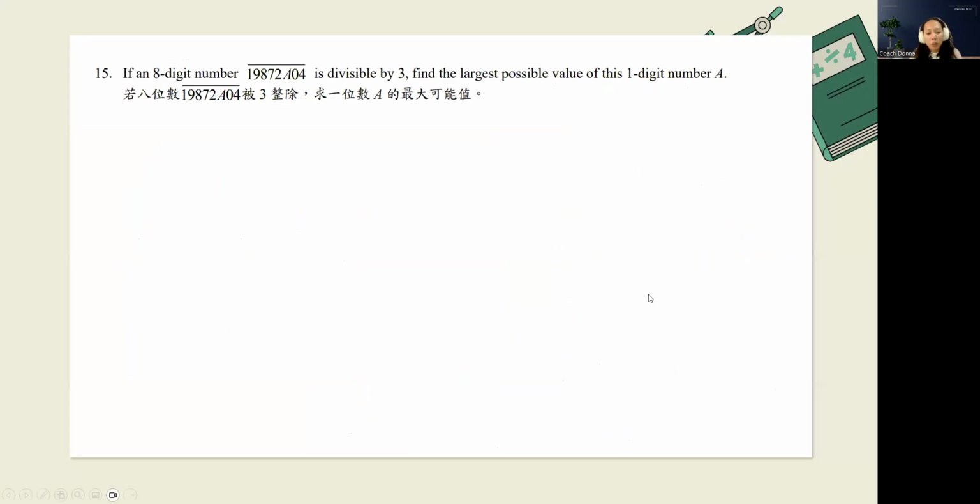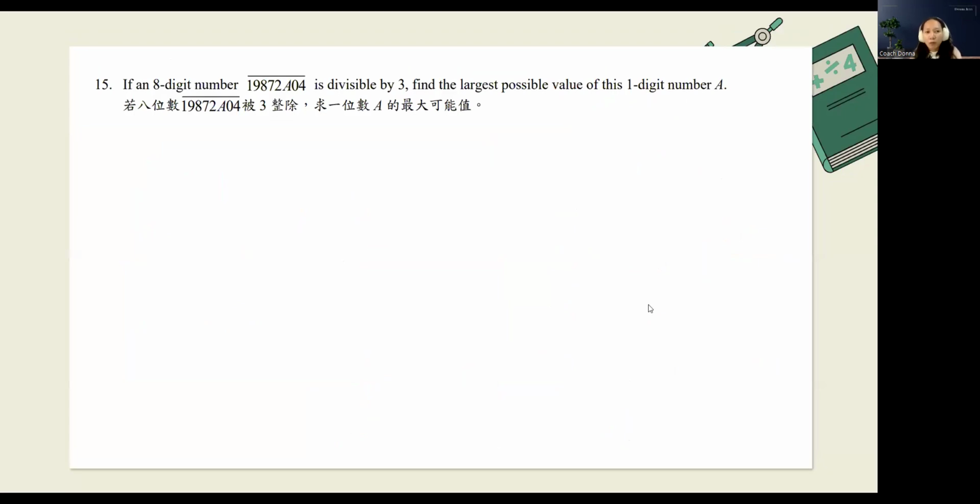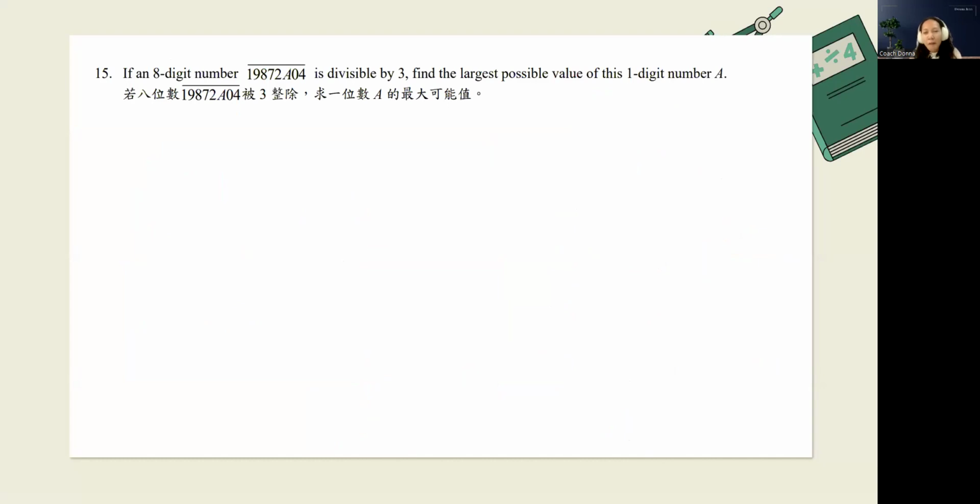Number 15 then. If the 8-digit number 19872A04 is divisible by 3, find the largest possible value of this 1-digit number A. Let's find out.